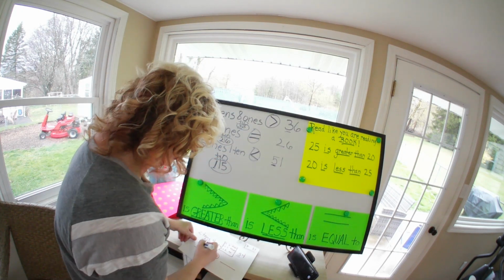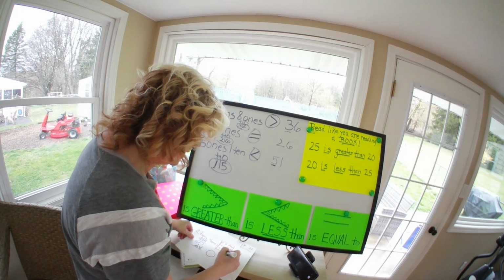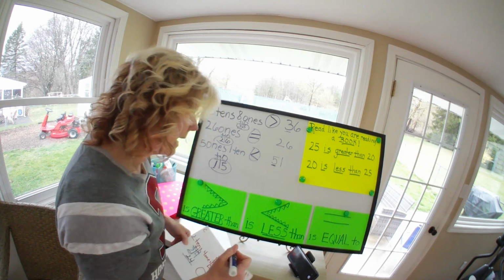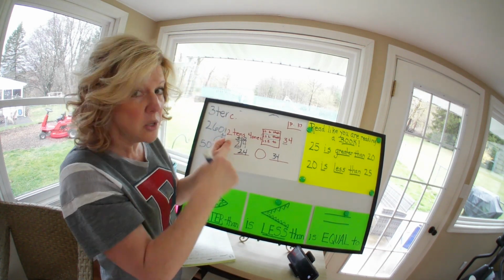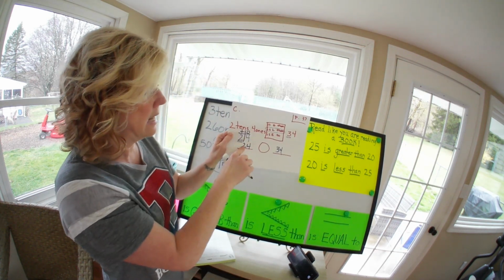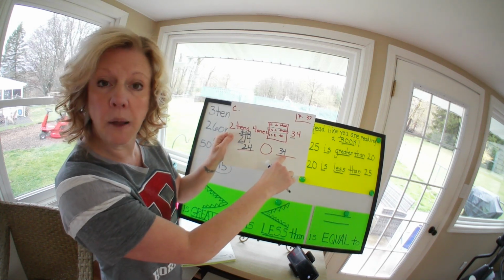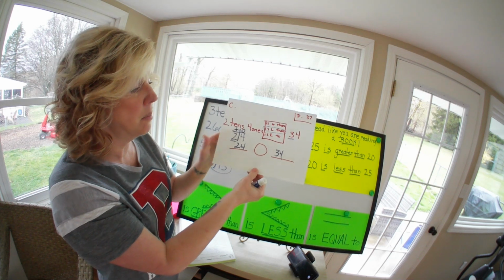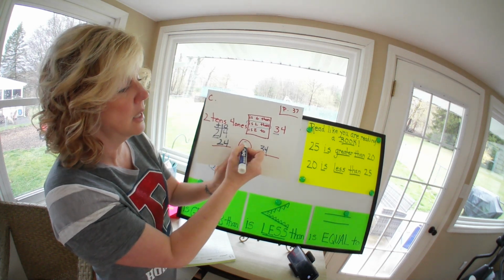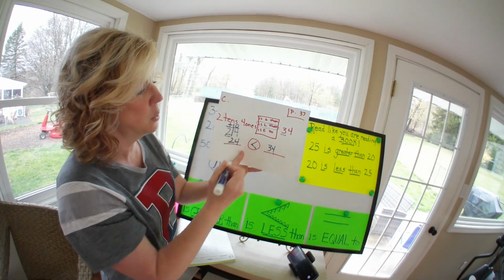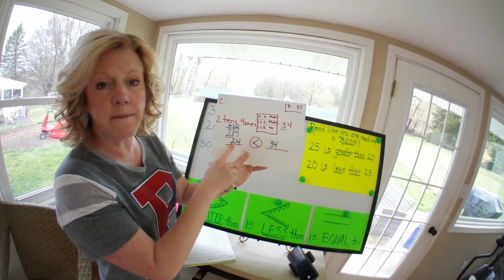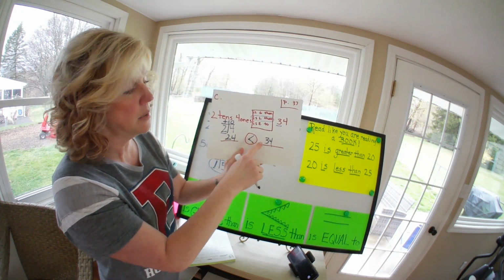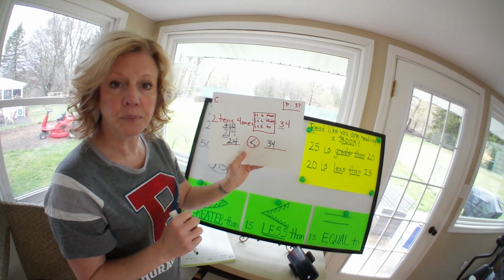So we're going to fill in the 24 and the 34 in the exact order that it's here. You can't switch them around. So drop it down, 24 here, drop this down, 34 here. Now remember, it opens up to the bigger number, and we just figured out that 34 is bigger than 24. So we're going to read it, 24 is less than 34.